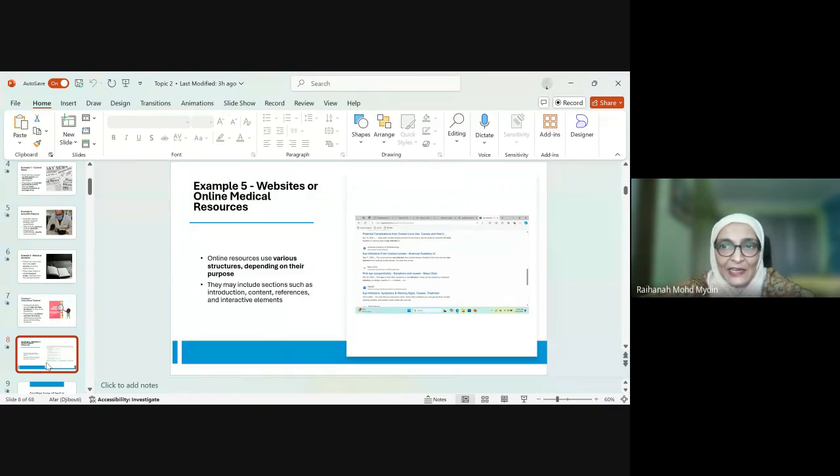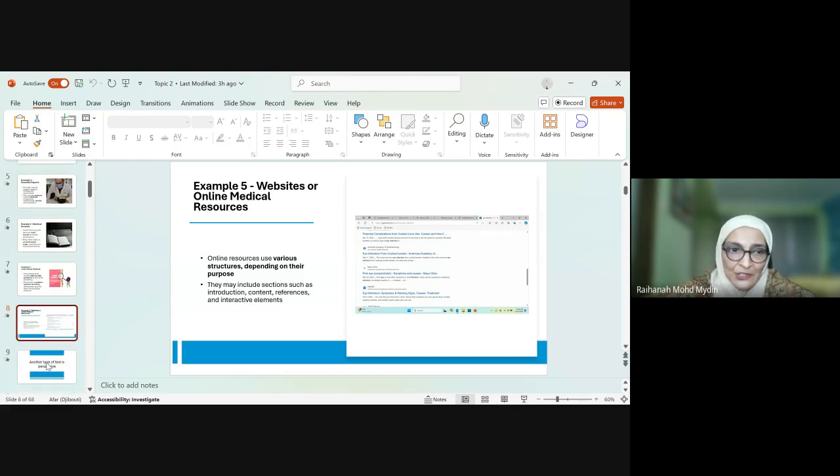If you've got an eye infection or an ear infection or laryngitis and you go on medical websites, these are informative genres.